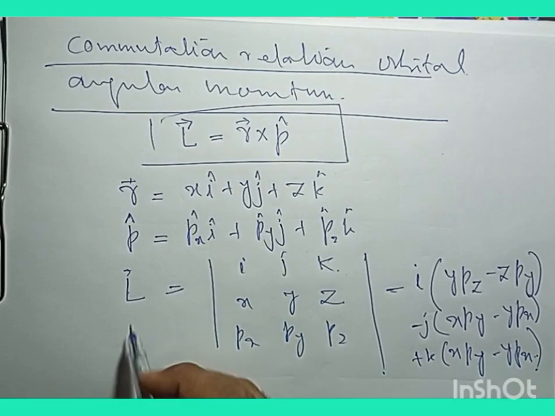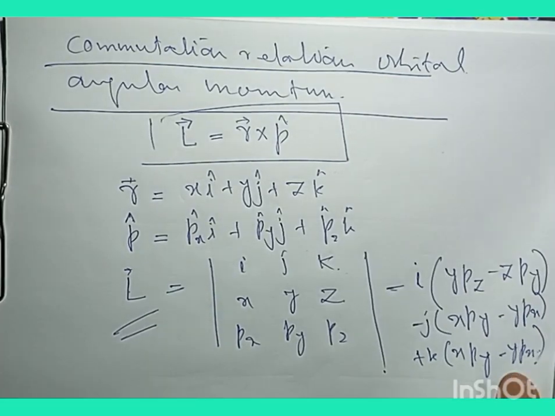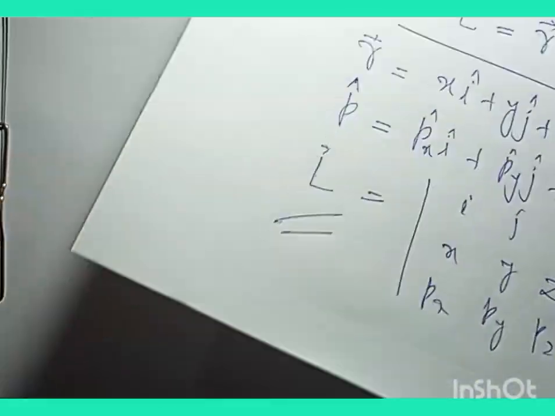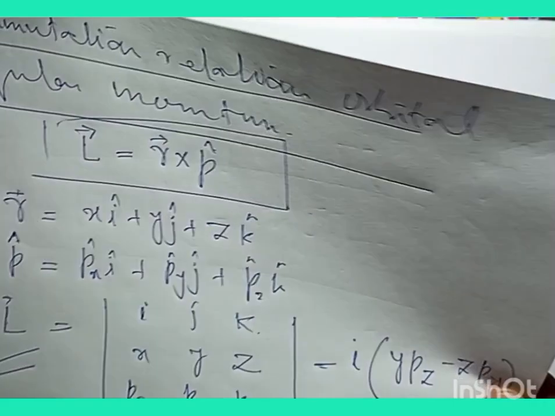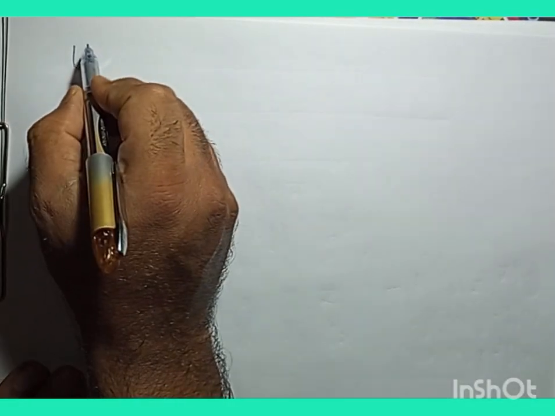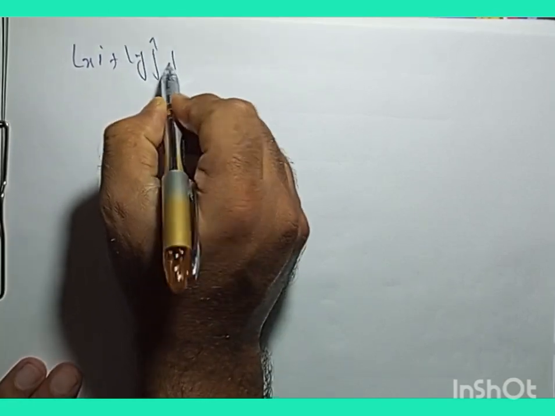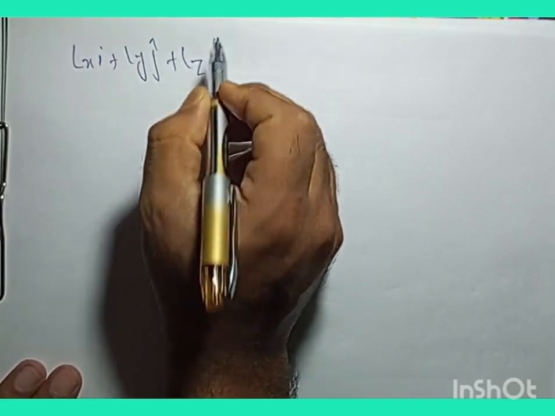So on the left hand side we have L, and we can write down this L also in terms of its components, and what we will obtain is Lx i cap plus Ly j cap plus Lz k cap.